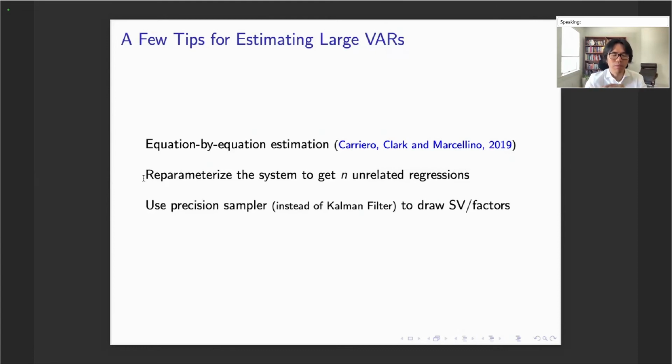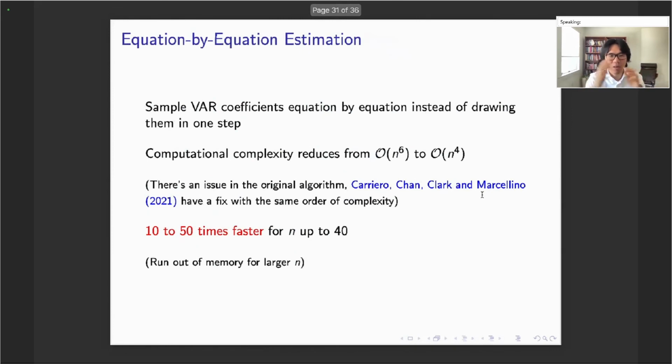You don't even need to convert to the reduced form. The last point, I plug some of my algorithms into a precision sampler, a faster alternative to the common filter-based smoother, to draw all the latent variables, stochastic volatility or factors. So let me go through them a little bit.